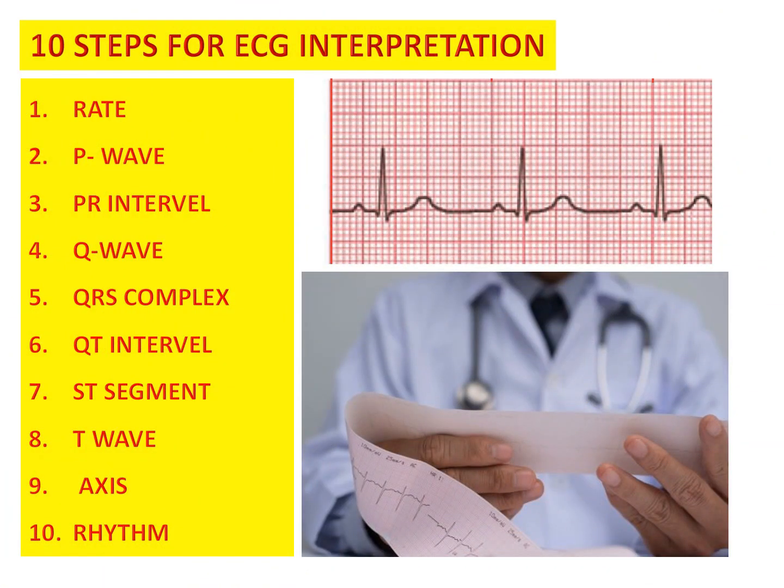So we have covered all the easy steps for a quick review of the ECG. We considered the heart rate, and we know the morphology and characteristic features of the P wave. Then we considered the PR interval, its normal duration and its significance. Then we learned about the Q wave and its significance, and the QRS complex, its duration and significance.